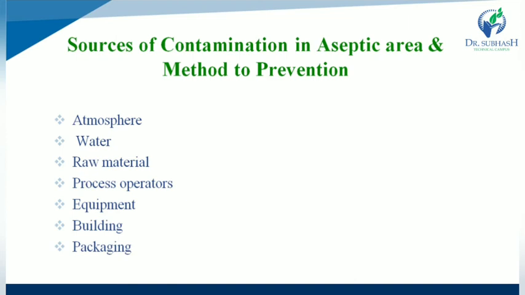Next one is regarding equipment. The equipment should be as simple as possible for the purpose required, with a minimum of junctions, valves and pumps, to allow cleaning in place by circulation of detergents or other chemical antimicrobial agents.